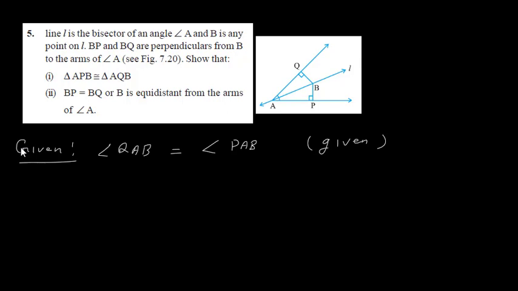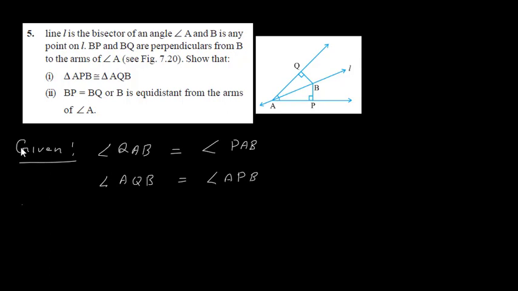Then BP and BQ are perpendicular from point B. So angle AQB is equal to angle APB. This is also given.